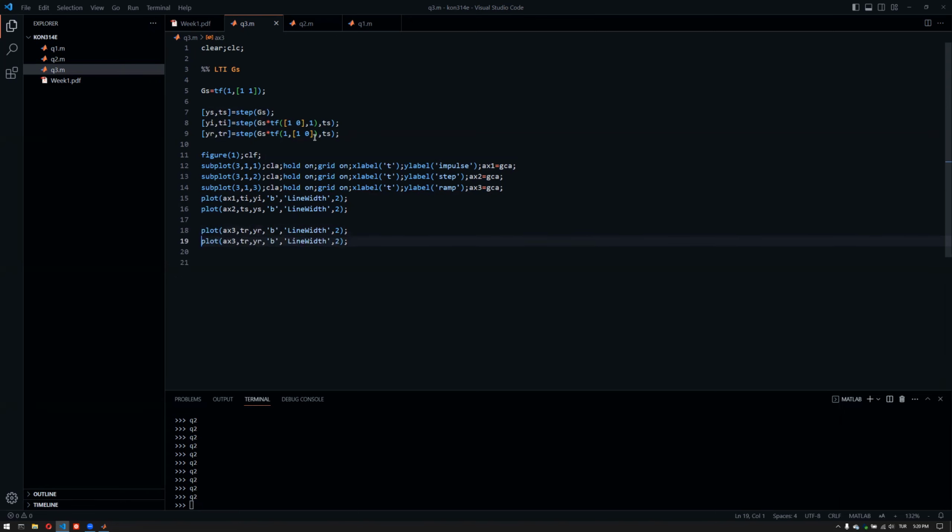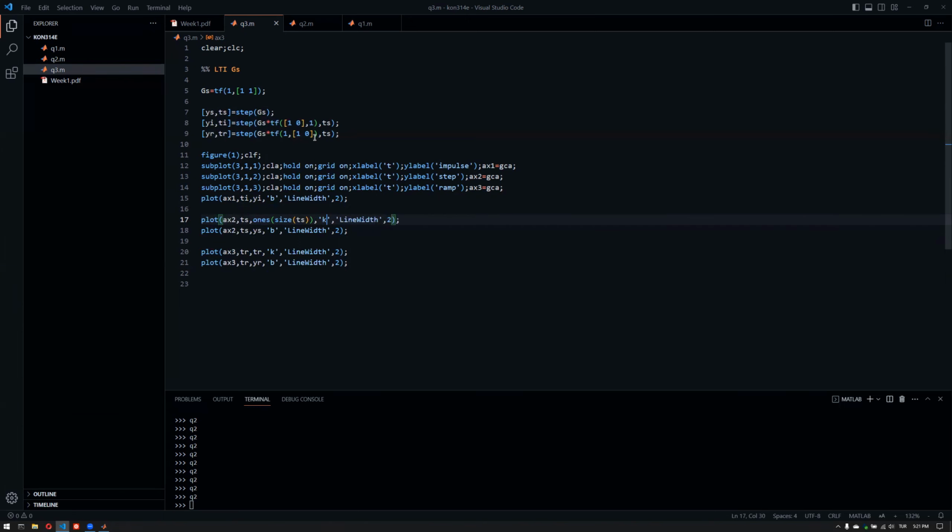Since this is the ramp response, I can use tr, tr, and k in order to show the ramp input. Here I can just use ones of size ts. So I'm just creating a vector of ones here because it's a unit step.